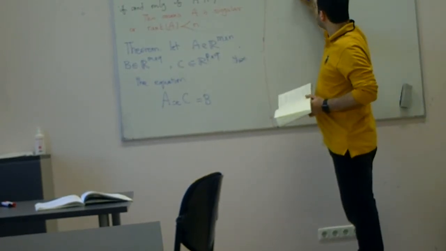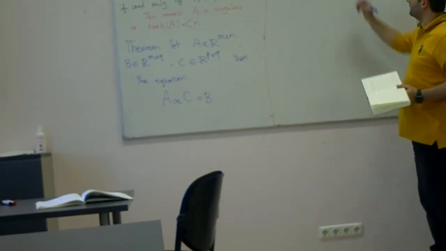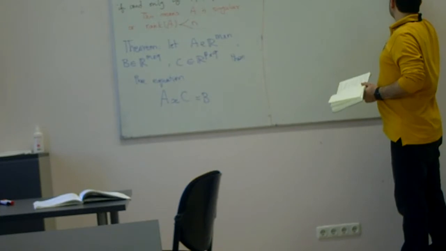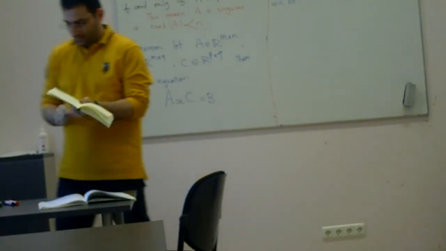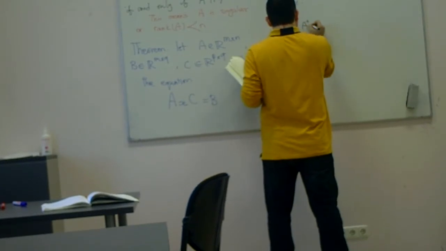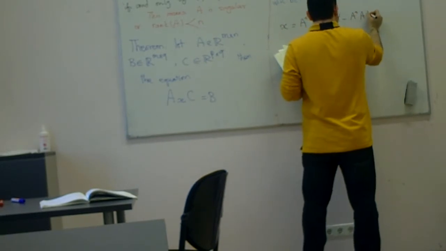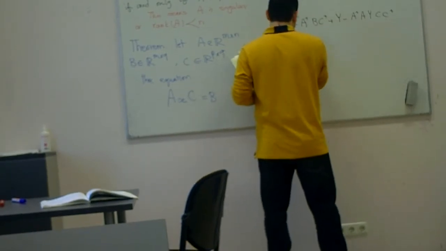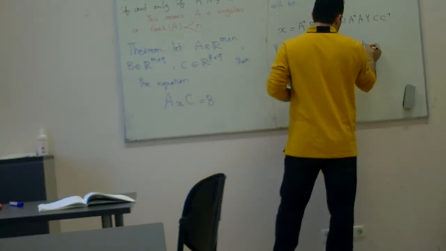And in that case, which means if we have this condition and we have a solution, the general solution will be X equals A plus B C plus plus Y minus A plus A Y C C plus, where Y is in the space of n by p matrices, an arbitrary matrix.